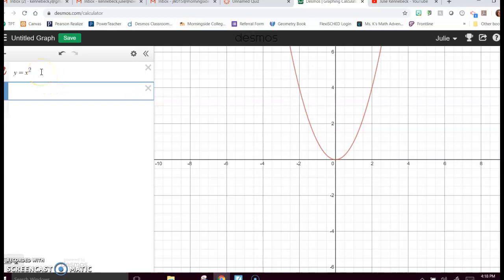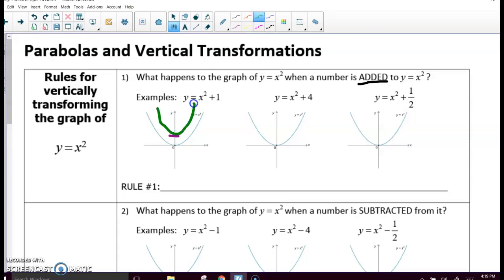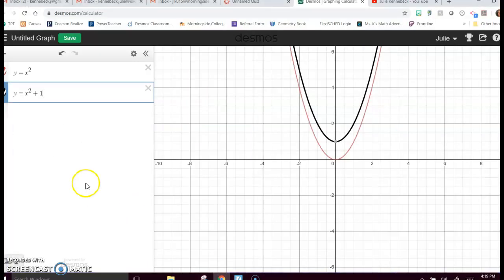I'm going to graph these three along with y equals x squared on Desmos. I already have y equals x squared entered. Let's first look at y equals x squared plus 1. My graph is shifted up 1. Let's now look at y equals x squared plus 4.